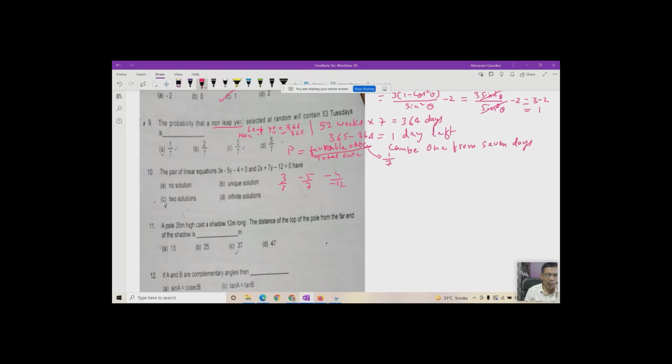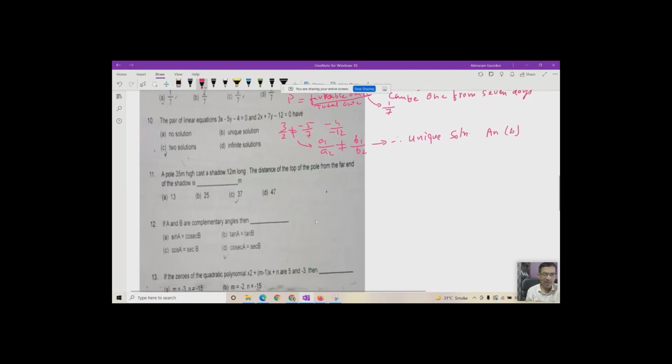You see 3 upon 2 is not equal to minus 5 upon 7, and this is of the type A1 upon A2 is not equal to B1 upon B2. So therefore unique solution, and answer is B, that is unique solution.